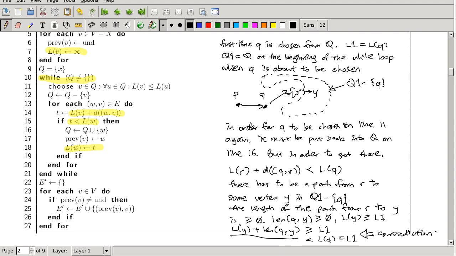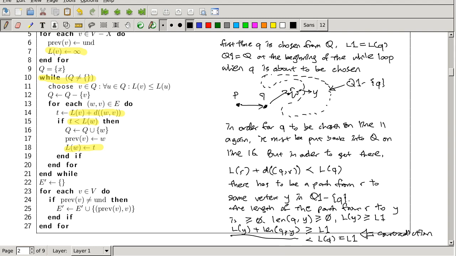This is when we perform this calculation, L of y plus the length of Q to y, that was calculated when Q was put into the set Q the second time, which will lead to Q being chosen eventually again.